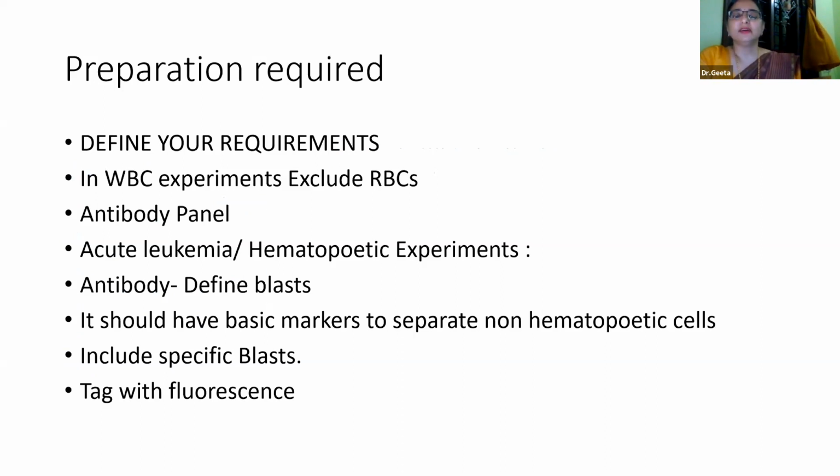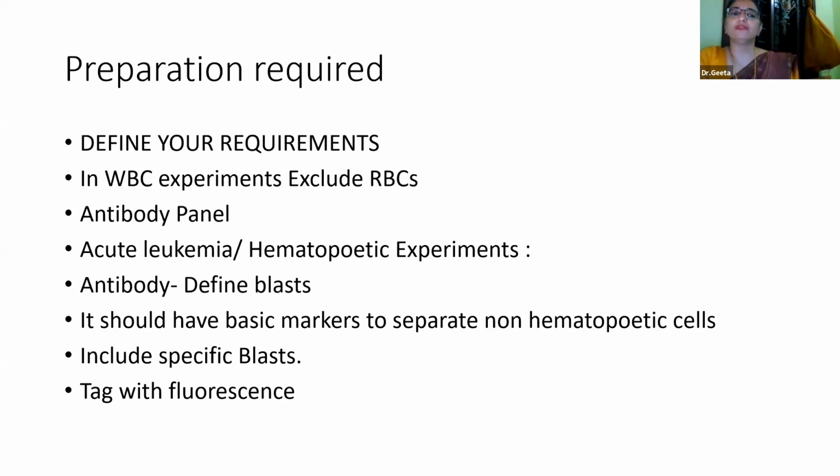They should have immaturity associated markers, for example CD34. Also, there should be basic markers to separate non-hematopoietic from hematopoietic cells, and antigens which we could use to subcategorize the blasts as myeloid or lymphoid, of the lymphoid T or B, because the treatment modalities vary in each of them.